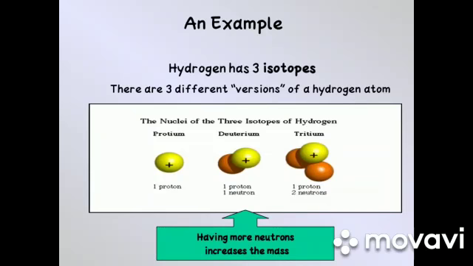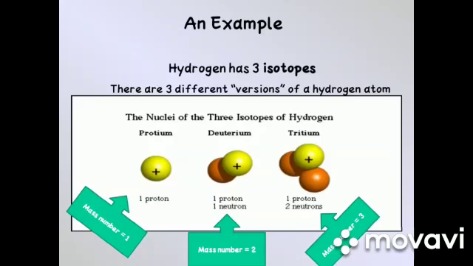So the atomic number would be 1 for all three, and the number of neutrons is increasing. As the mass number is equal to sum of number of protons and number of neutrons, the mass of protium would be 1, deuterium would be 2, and tritium would be 3. So having more neutrons increases the mass number. This slide shows the mass numbers of three isotopes of hydrogen.